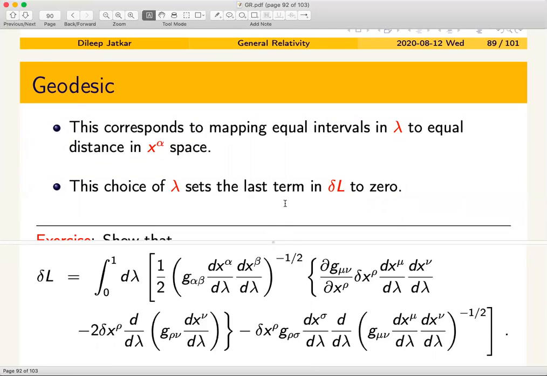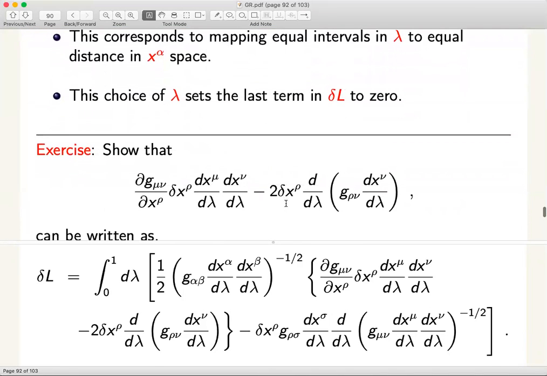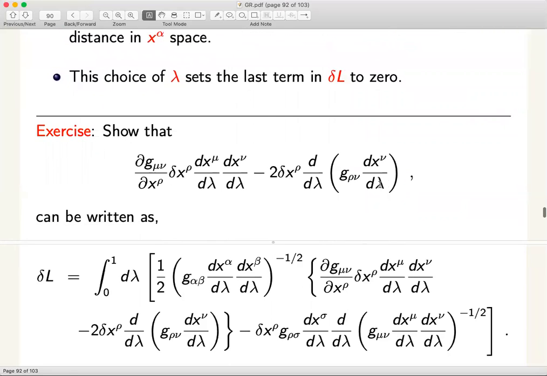Now there is a small exercise that you can do. This expression inside this curly bracket is reproduced here again. You can of course pull delta x rho out common from all of them, but you can write this expression by taking d by d lambda in. One term is very easy to see, which is the second derivative of x nu with lambda, and then there is another term where d by d lambda acts on g.